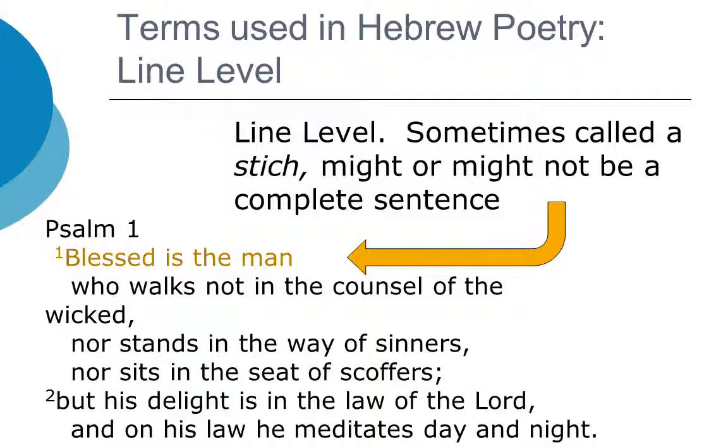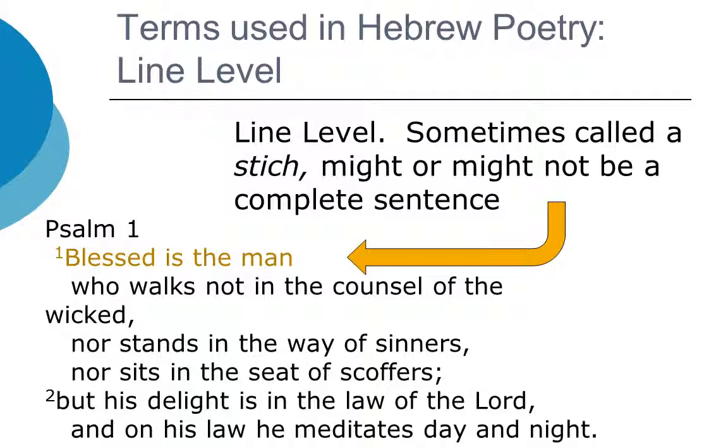Now, before we go on and look at the other two kinds of semantic parallelism that Bishop Lowth identified, I want to talk for a few moments to help you with the use of different terms that are used in poetry, and particularly Hebrew poetry. The first level is the line level, that is just a simple line.